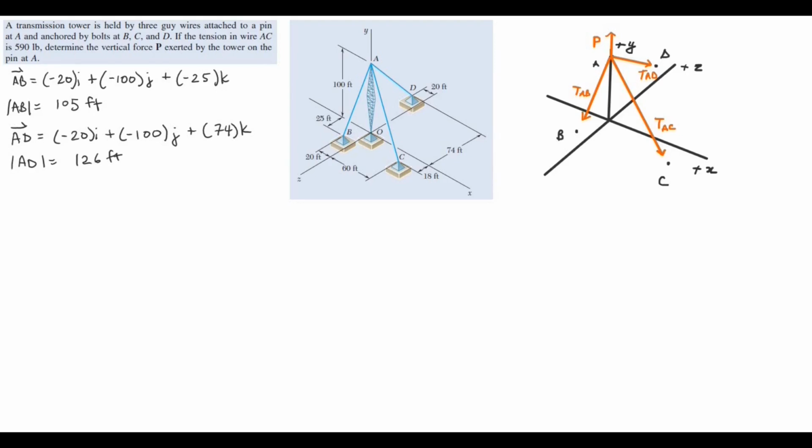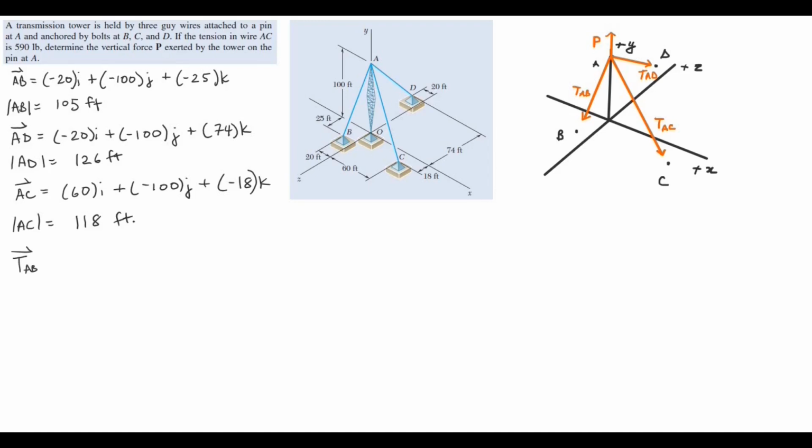Finally, vector AC is equal to 60i minus 100j minus 18k, and its magnitude is equal to 118 feet.